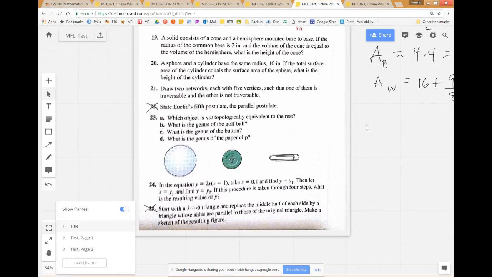Should you have the Excel spreadsheet up? I can't remember exactly, but let me think here.